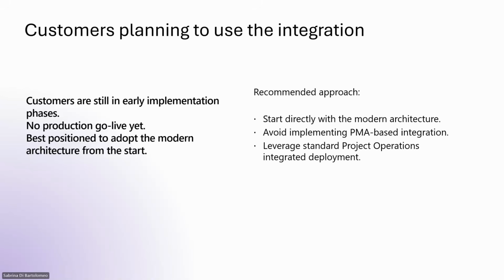This means leveraging the standard project operations integrated deployment and aligning field service work orders with projects and contracts from day one. By doing this, customers can avoid future rework, reduce complexity, and immediately benefit from the unified financial and operational model across field service, project operations, and finance and operations.